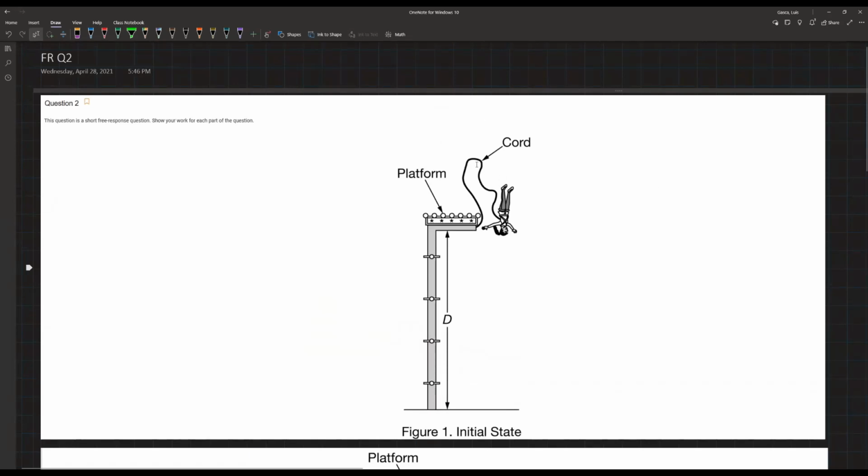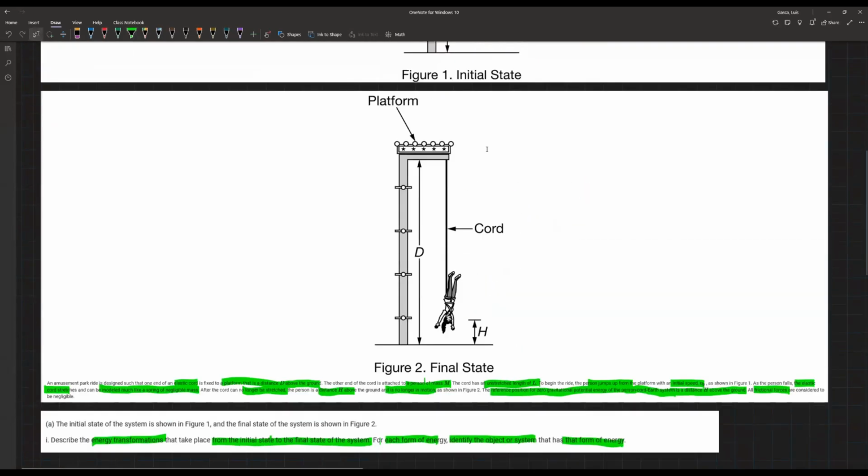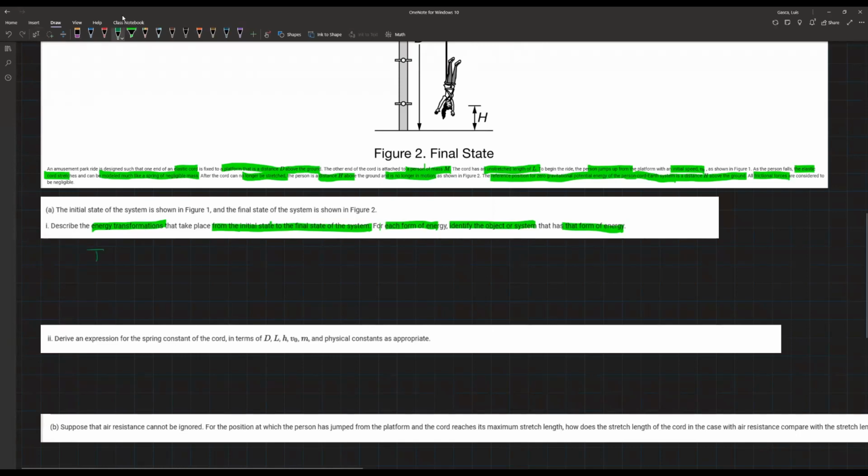All righty. So in the initial state, what kind of energy is this person going to have? Well, they have some height above the lowest reference point, and they have some initial velocity. So we can say in the initial state, the student has kinetic energy. We could also say that the student-Earth system, and we have to get really technical here.